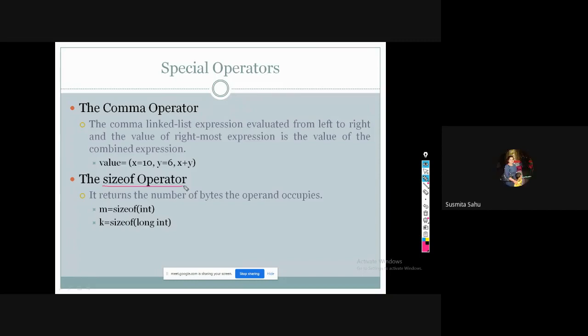Can you explain again? Yes, I'll explain. Sizeof is one operator. We have different data types like int, float, char. Sizeof is an operator which will tell us how many bytes are actually occupied in memory per integer.